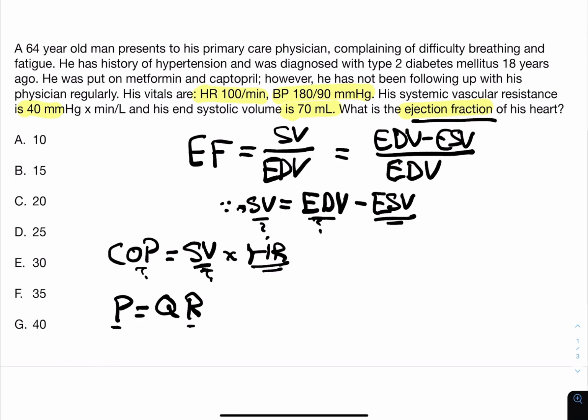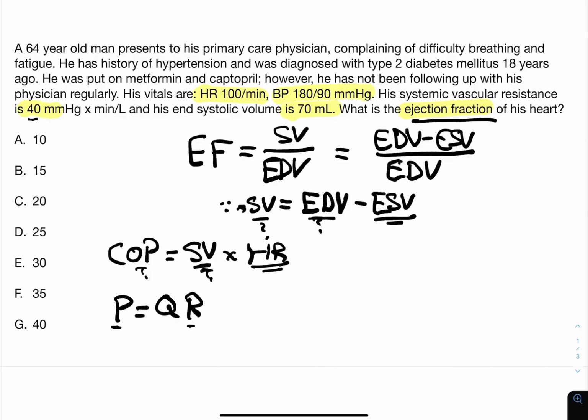And when I saw SVR here, 40, I immediately thought of this formula actually. I think there are only like 2 formulas on step 1 and 2 that you should know that have resistance. So yeah, in here, this formula brings the blood pressure, cardiac output, and resistance together.